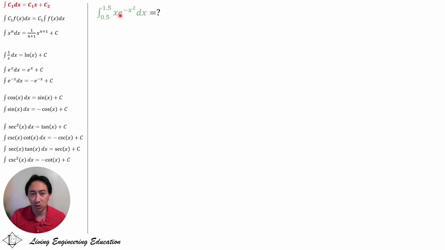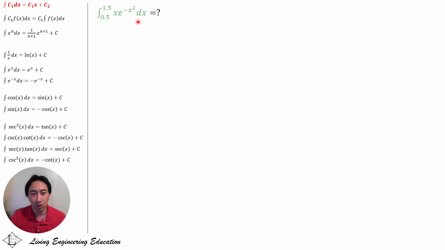And we have e to the negative x squared. So maybe I substitute u is equal to e to negative x squared. That's possible. But there's a small term right here, x squared. Maybe I could substitute for x squared. So that's going to be the one I first start with.